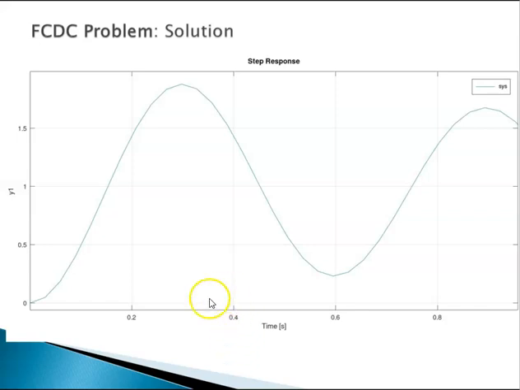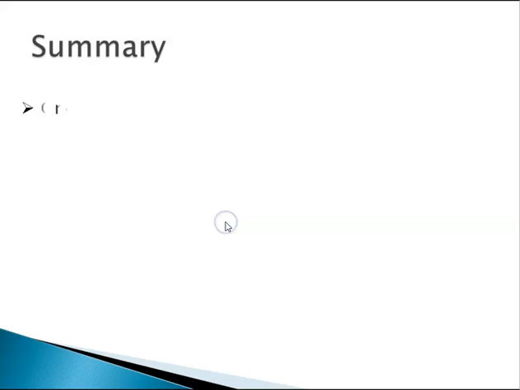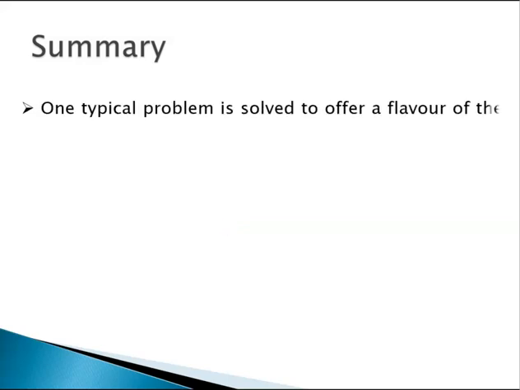This is the graph which shows the step response. That is, if you give a step input, the output varies something like this. In MATLAB, you can simulate it, and we are referring to this quantity as the first overshoot. It is 0.88 radians.